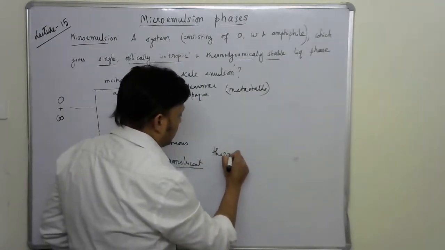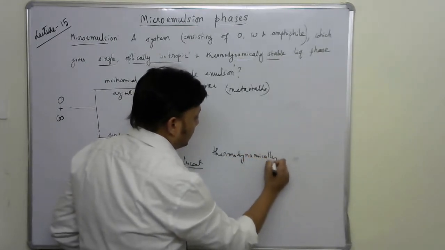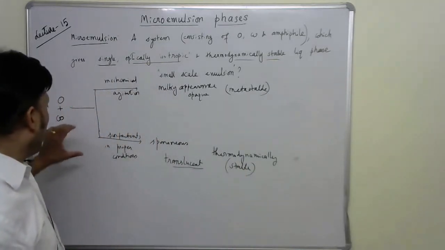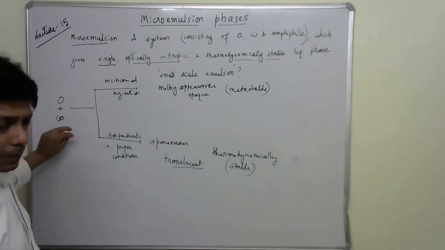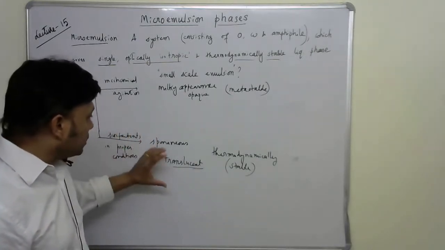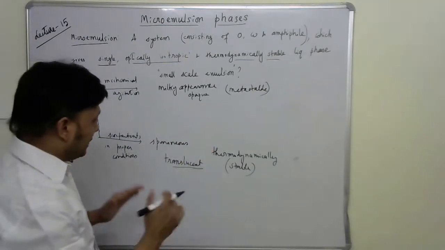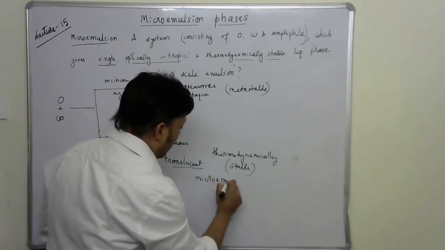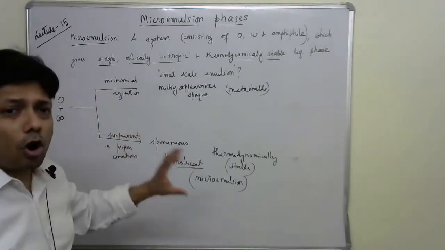So what we see is that in general, if we add surfactants in proper conditions to an oil and water system, we will spontaneously form a translucent, single, isotropic, thermodynamically stable phase, and that is nothing but called microemulsion. In other words, when conditions are right, microemulsions are formed spontaneously.